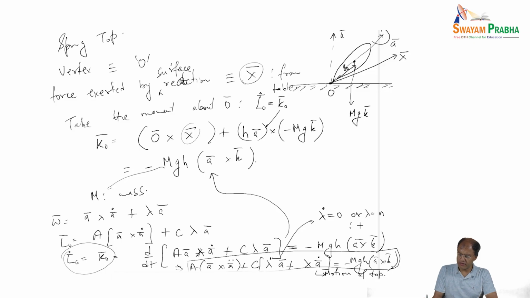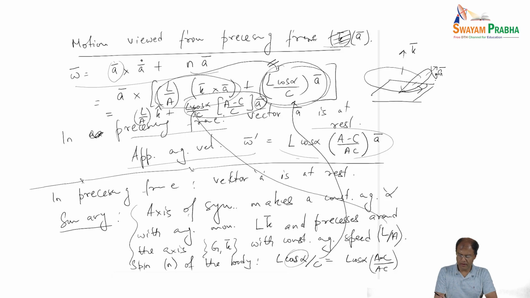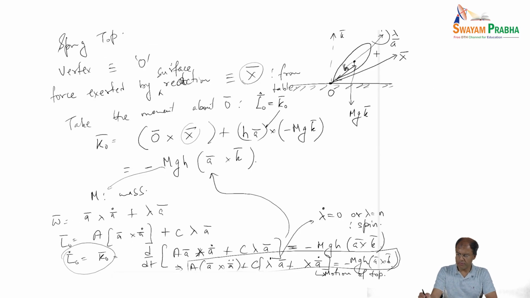So this is the spin of the top, the spin lambda here. This is what we are calling the spin. So the spin is about the fixed axis k. Okay, so on top we are assuming that the spin is constant.